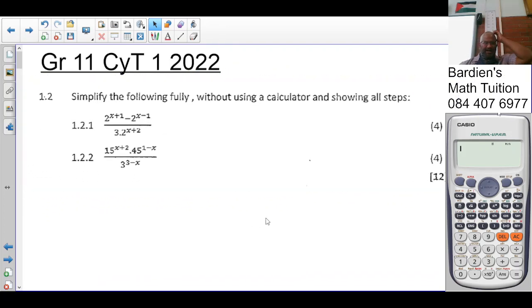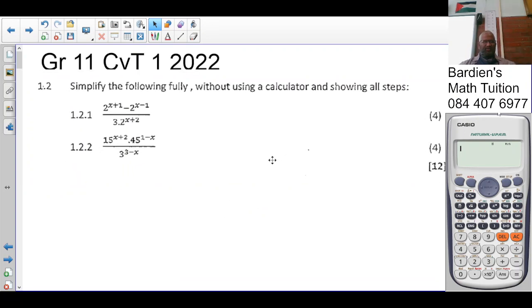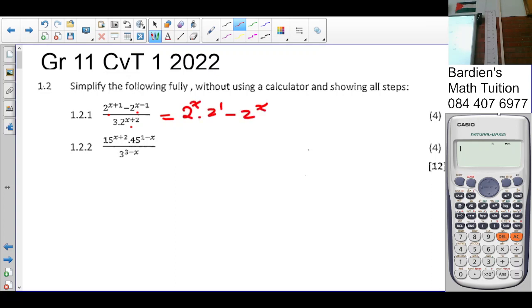It says simplify the following fully without using a calculator and showing all steps. So it's an exponential expression, we're going to break that power up. So it's 2 to the x times 2 to the 1 minus 2 to the x times 2 to the negative 1, all over 3 times 2 to the x times 2 squared. So what do we do now?